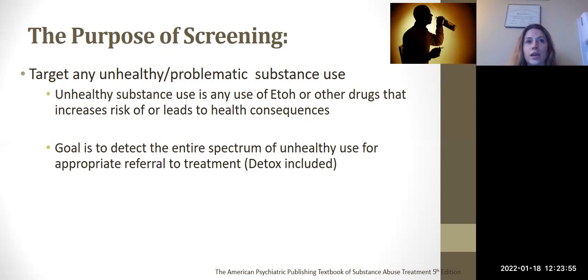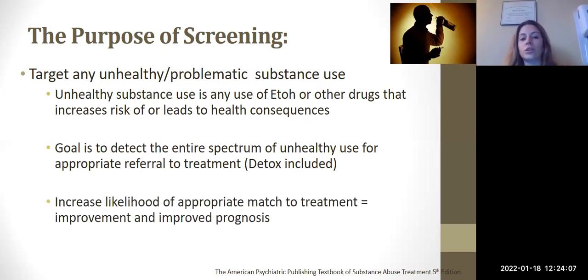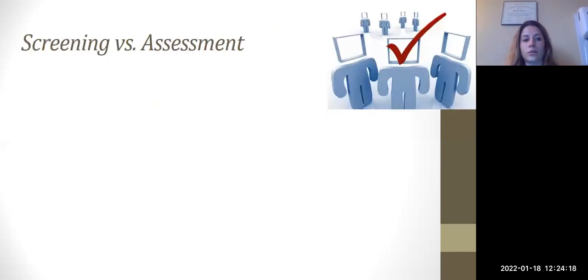We don't want to use that for diagnosis, but it helps us say, of these 10 people, 5 of them screened positive. Now I'm going to have a more in-depth assessment or conversation with these 5 people. Maybe only one of them actually meets criteria for a condition I need to discuss with them. But when we do this, it improves the likelihood that the recommendations for treatment and follow-up are improved, which then improves prognosis.